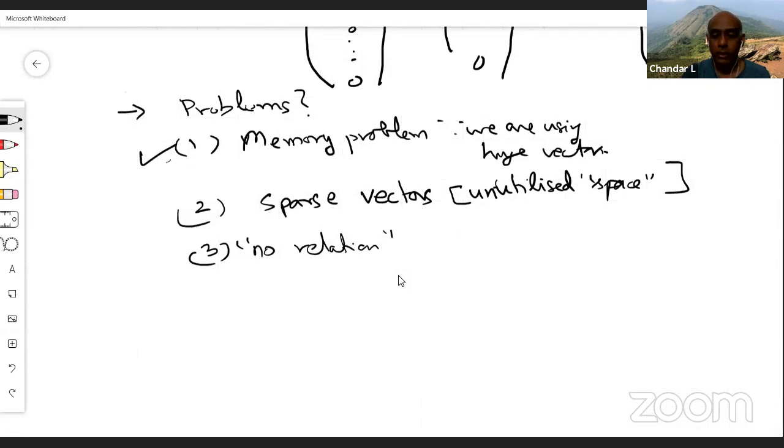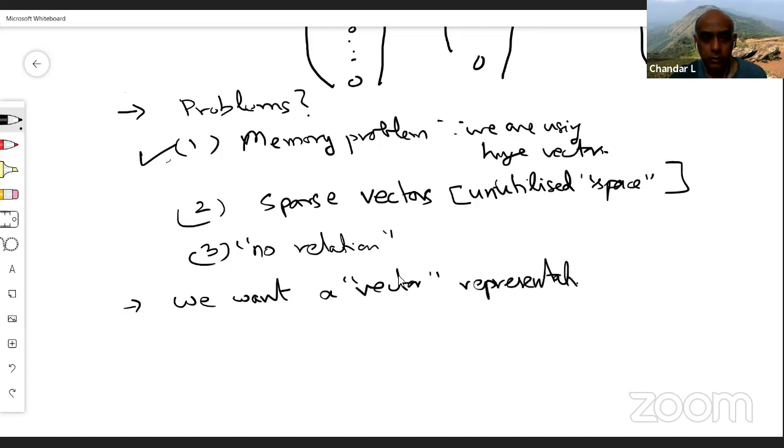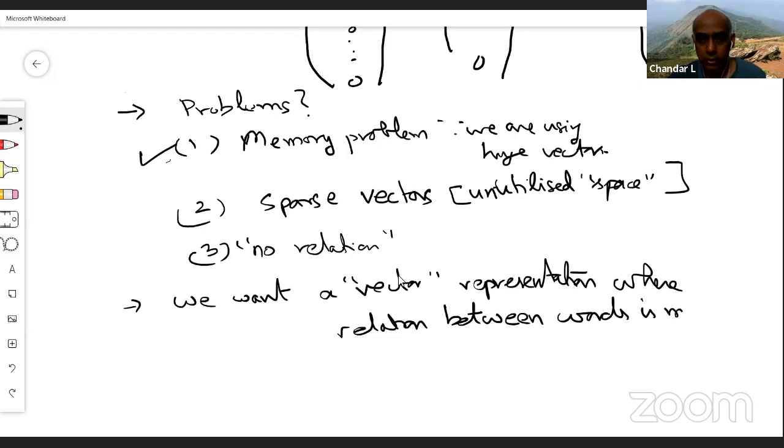We want a vector representation where the relation between words is maintained.